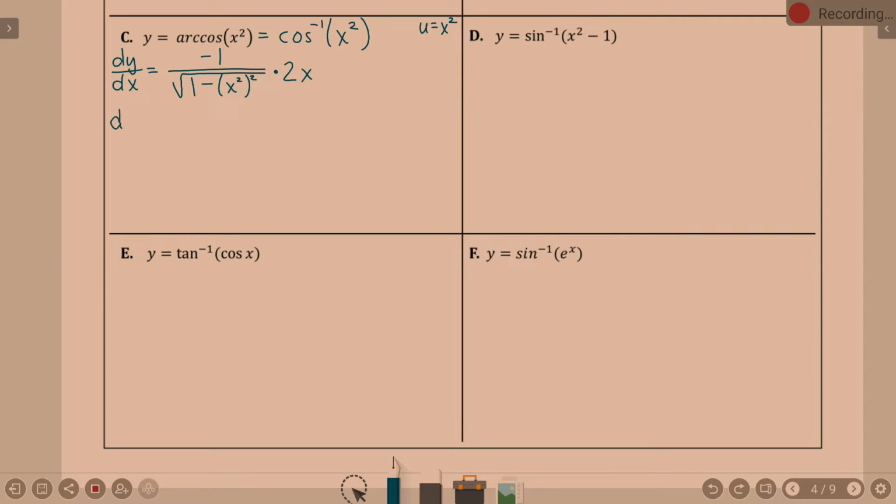What does your cleaned up answer look like? Negative 2x over the square root of 1 minus x to the 4th. Now realize, I'm not taking these square roots because I can't. I can't take the square root of 1 minus x to the 4th, even though they're both perfect squares, because they are subtracted.